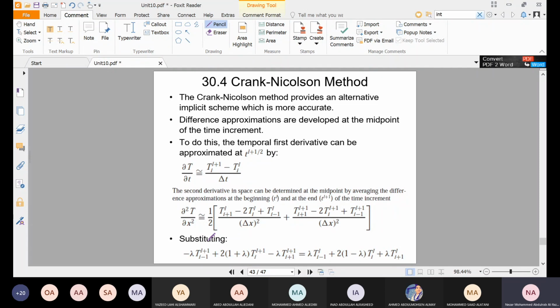So instead of using the centered divided difference to represent the second derivative, it uses the midpoint. It takes the average to compute the midpoint. So to do this, we compute the derivative at l plus half.